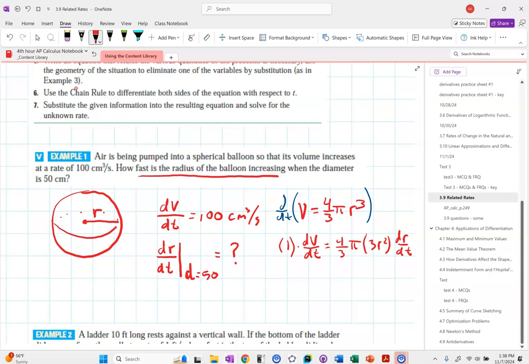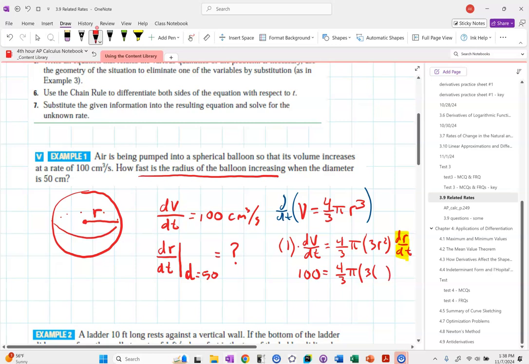Okay, what are we solving for? dr/dt. Do we know the volume with respect to time? dV/dt. 100. Do we know r at that instant? 25. How'd you get 25? Yeah, diameter is 50, so the radius is 25.